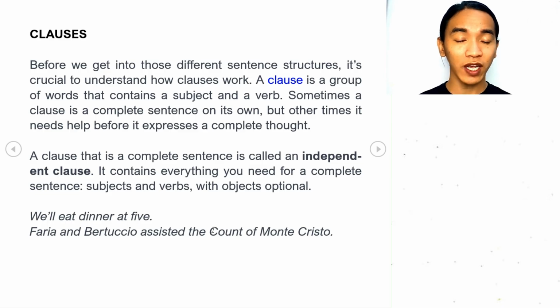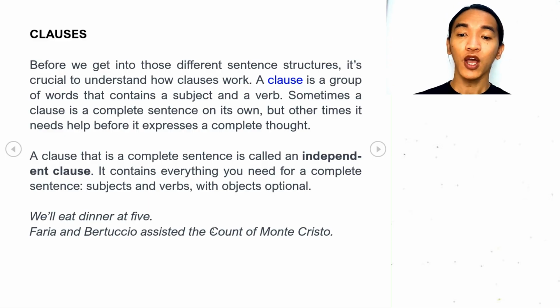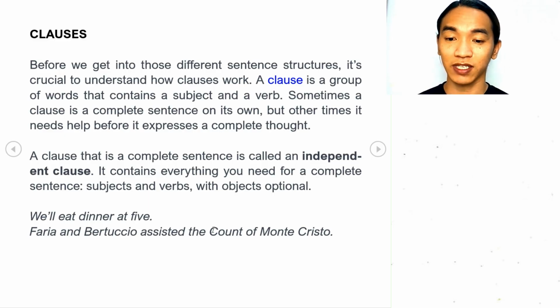We consider it a clause if it has a subject and a verb. Sometimes a clause is a complete sentence on its own, which means it gives a complete or sensible meaning. But other times, it needs help before it expresses a complete thought. It needs more information or more sentences to complete the thought.